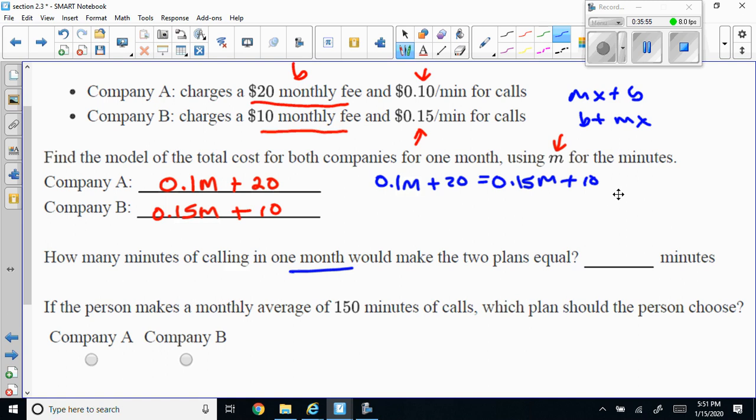And if you solve this, and I'm going to let you solve it, so go ahead and solve it.